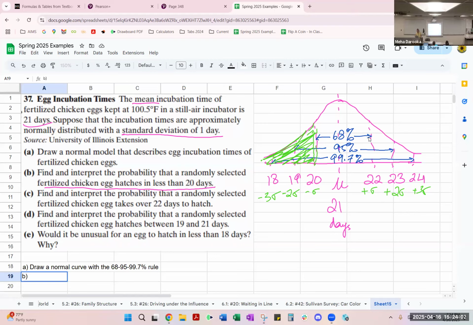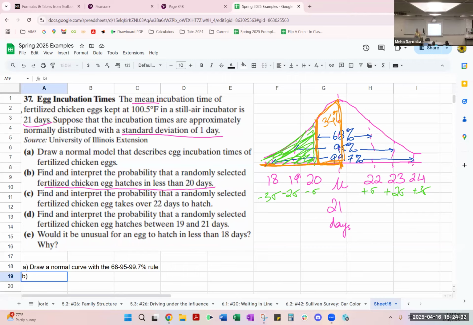So we know this section just from the mean to where that 20 days is will be 34%, because that's half of 68. We know the left half from the mean is 50%. So from here all the way till the tail is half, which is 50%.